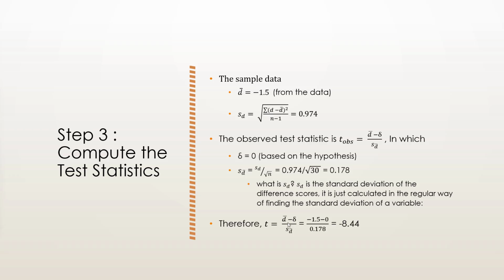With a hypothesized delta equals 0, the observed t-value is negative 1.5 minus 0 divided by 0.178, which gives an observed t-value of negative 8.44.